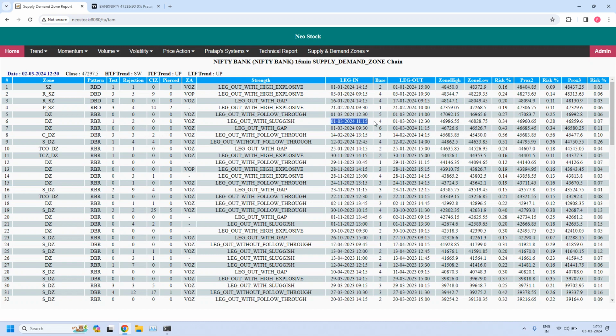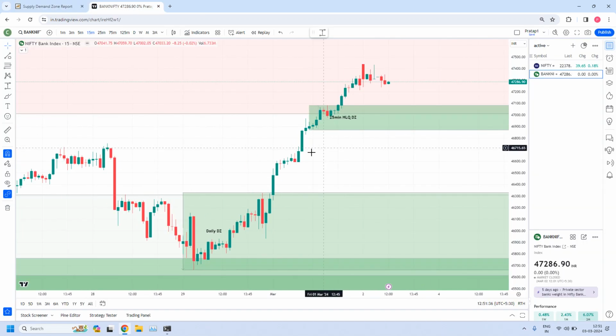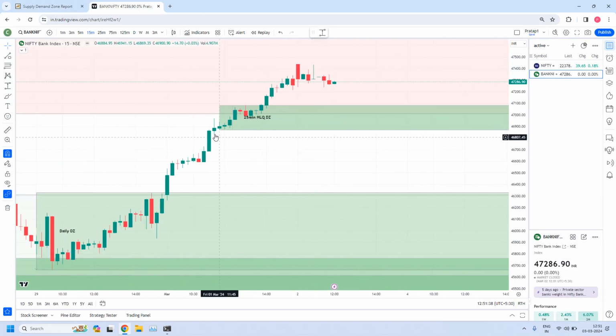Sorry, this is 11:45. I'm seeing the wrong one. 13th, 11:45, 4 base candles. This is the one. Four base candles and a rally.